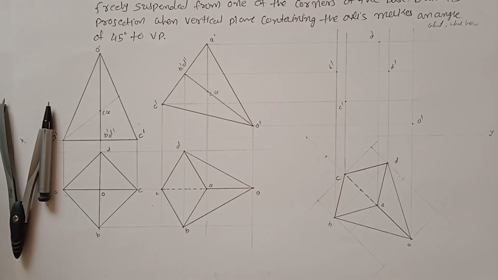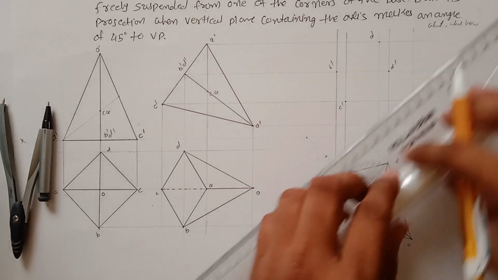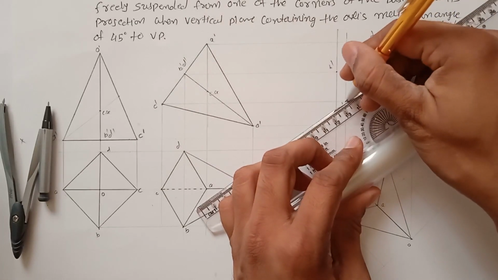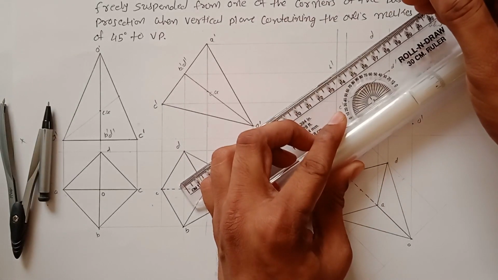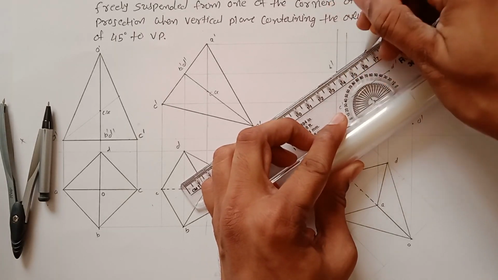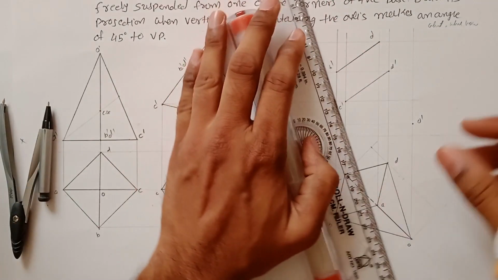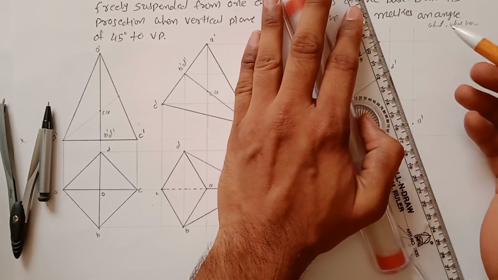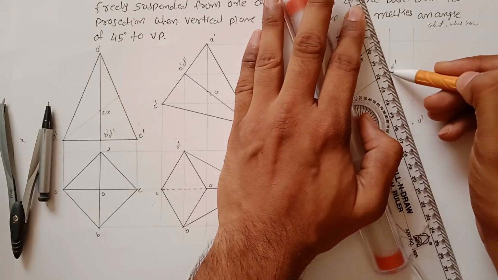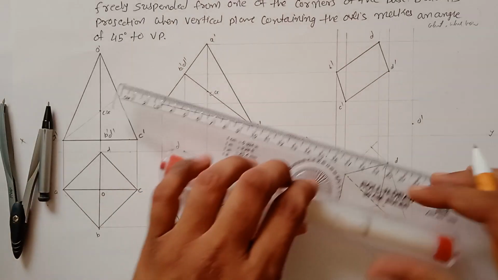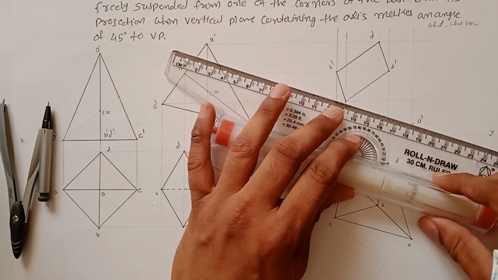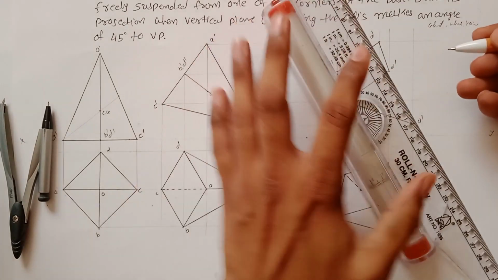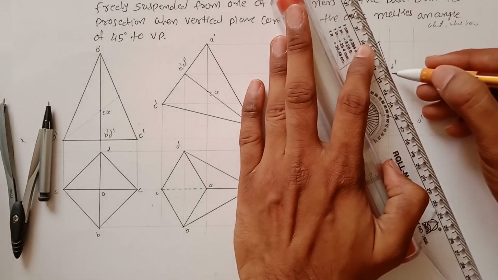So be careful with the hidden lines. First of all, complete the square because we can see the whole square from this. Now join all the corners. You see, this edge is visible, this edge is also visible.